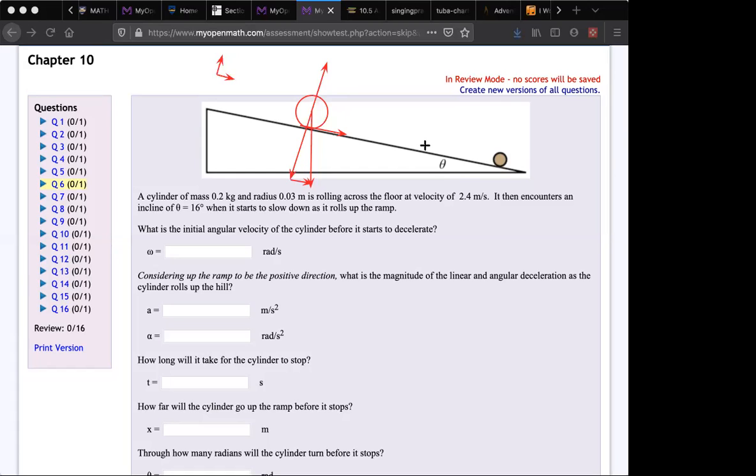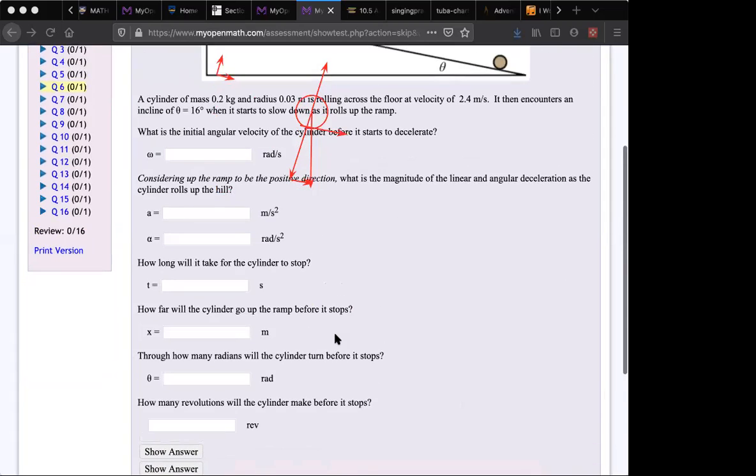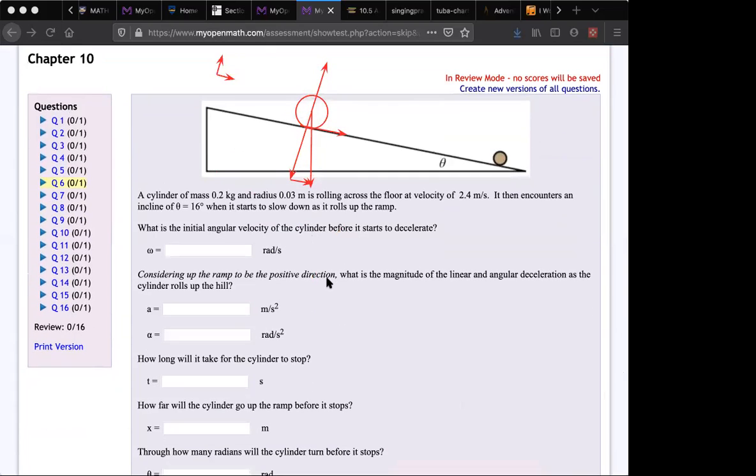Actually, it's more than just the friction now that we're looking here. The problem doesn't even tell us anything about the friction, does it? No. So we can't actually mess with the friction at all. We have to just talk about gravity. I can't remember if I talked about friction last time or not, but we can't talk about the friction because they're not telling us anything about it.